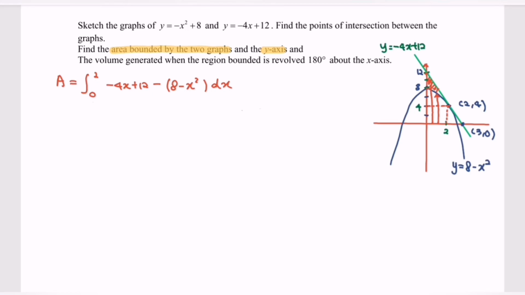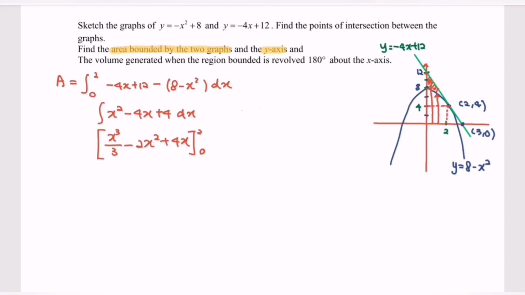Simplify the equation. We will have the integral of x squared minus 4x plus 4 with respect to x. So we will have x cubed over 3 minus 2x squared plus 4x, for the limits 0 to 2.